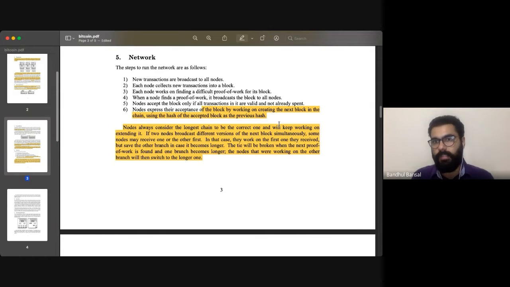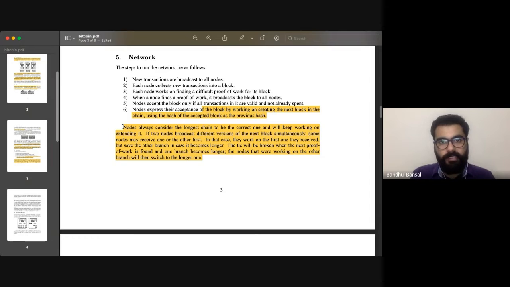As we discussed in the timestamp video, this is how the timestamp thing comes into the picture. The hash of the previous block is being fed to the next hash. Now all the nodes then start working on creating the other blocks. This is how nodes in the Bitcoin system work on creating the network.